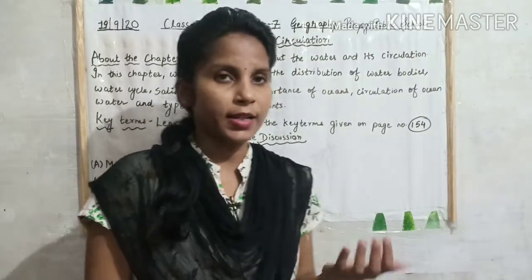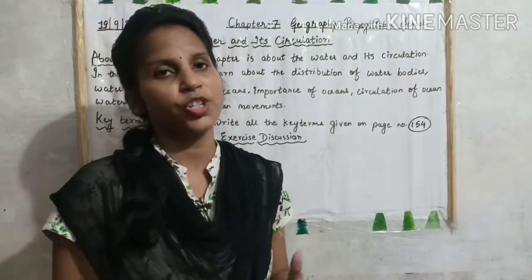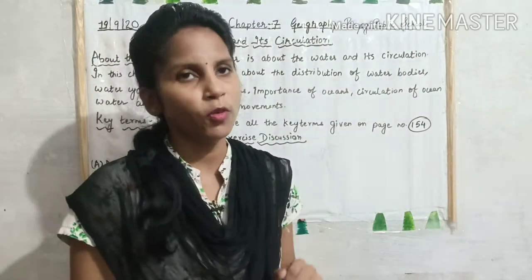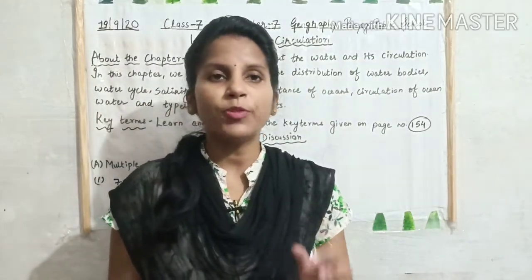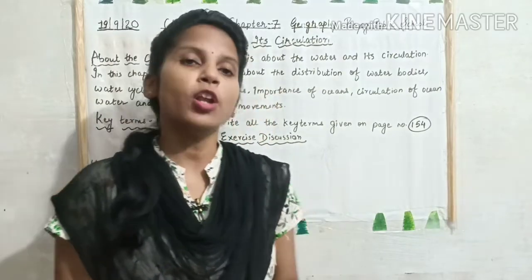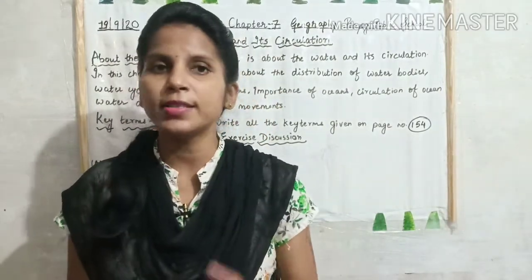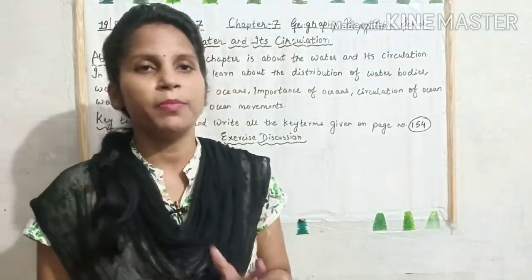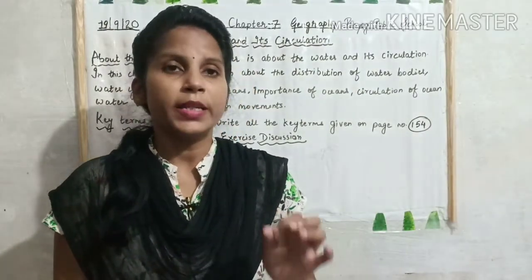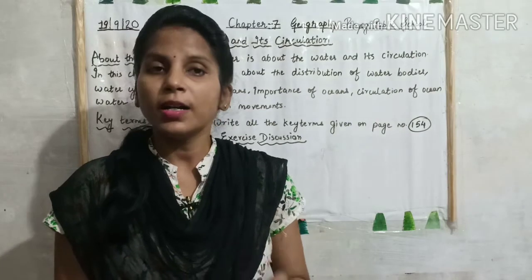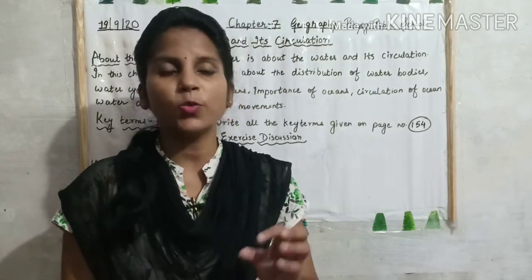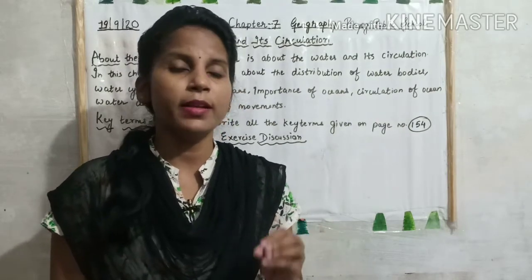Before starting the exercise discussion, let's take a quick recap of the chapter. The chapter was about water. We all know that water is important for everyone, whether plants, animals or human beings. 71% of the earth's surface is covered with water and 29% is covered with land.